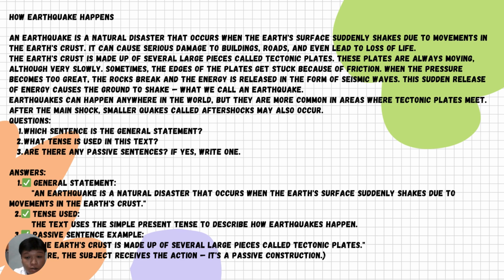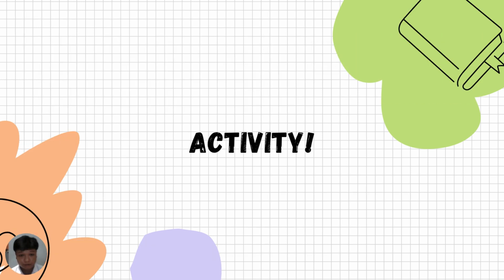Okay, so let's move on to the next slide. For today's activity, I would like you guys to write a short story, a short explanation text that contains about 5 to 7 sentences.